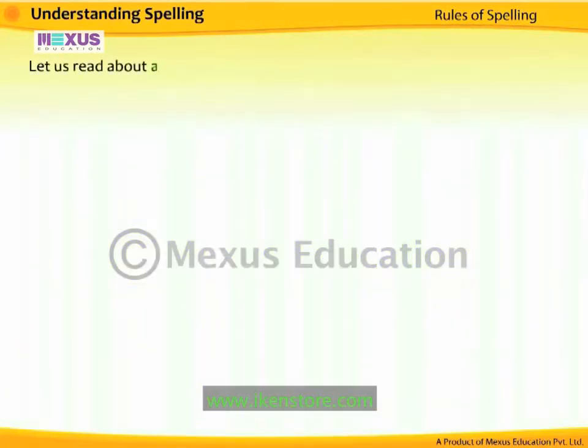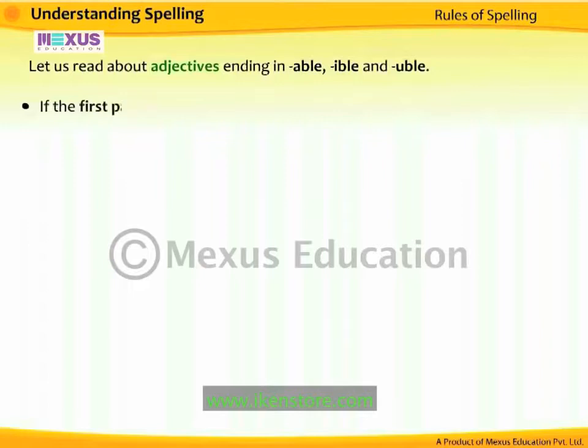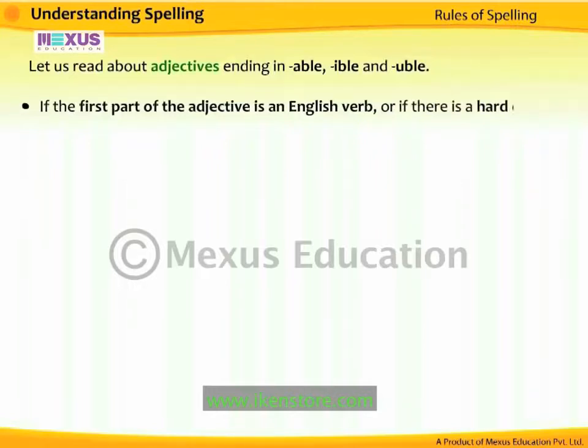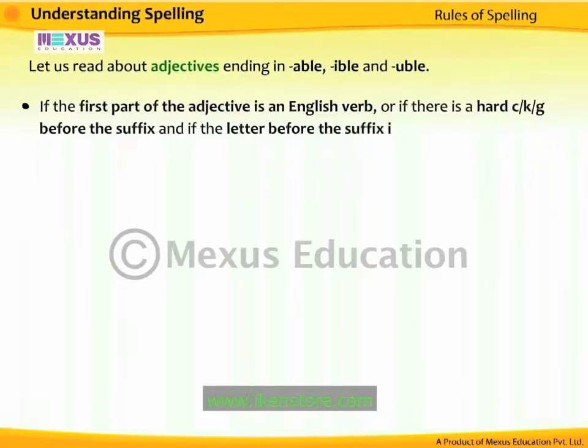Let us read about adjectives ending in ABLE, IBLE and UBLE. If the first part of the adjective is an English verb, or if there is a hard C or K or G before the suffix, and if the letter before the suffix is I, the ending is able.